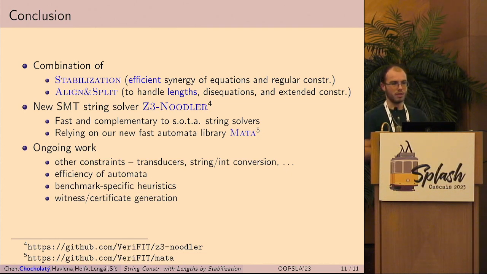Also, we implemented this approach in a new string solver, which uses as an underlying library for handling of automata our library Mata. And right now, as Z3 Noodler and Mata are ongoing projects, we work on supporting other string constraints, adding support for transducers, and also to generate witnesses or certificates.